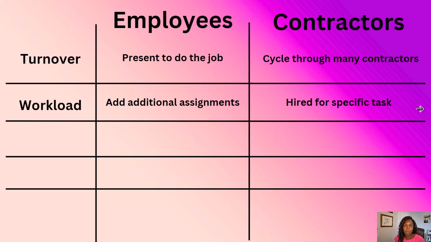Now with an employee, you can only add so many additional assignments. If you keep adding more and more assignments, they will likely get up and leave. They'll find another job and leave your business, which I've seen quite a few times in my career. All right.